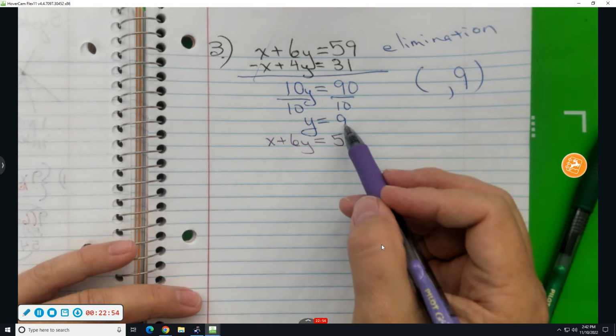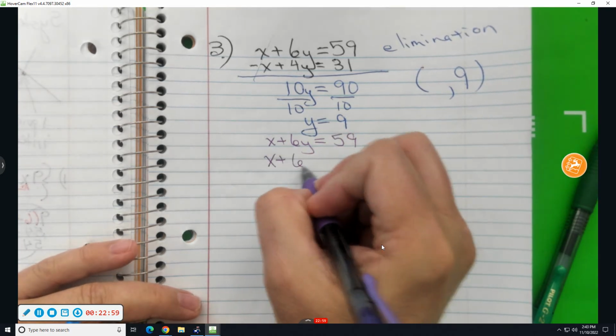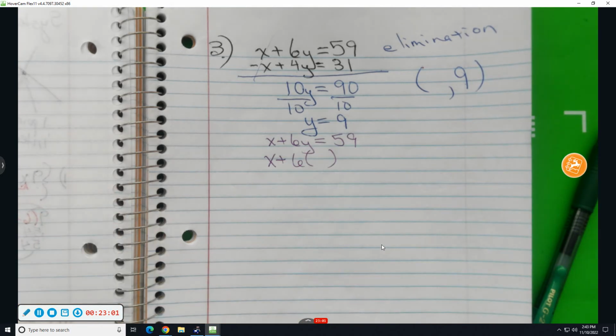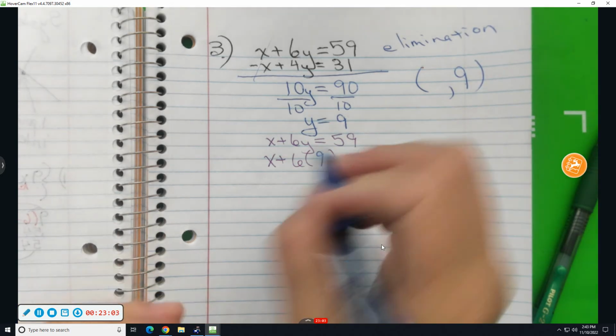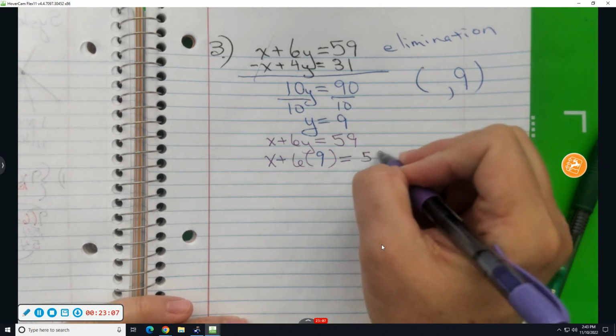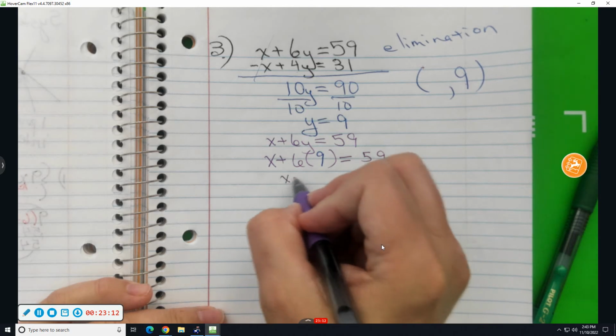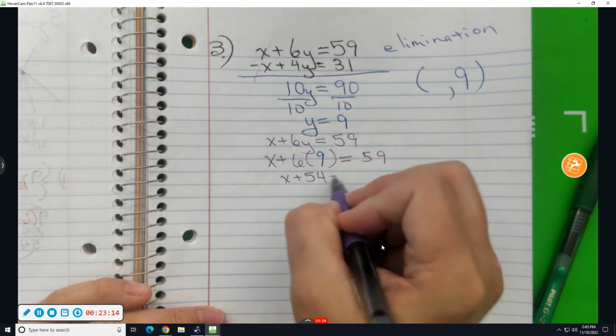We're going to substitute 9 in for y. So we have x plus 6 times 9 is equal to 59. 6 times 9, that's 54. So we really have x plus 54 equals 59.